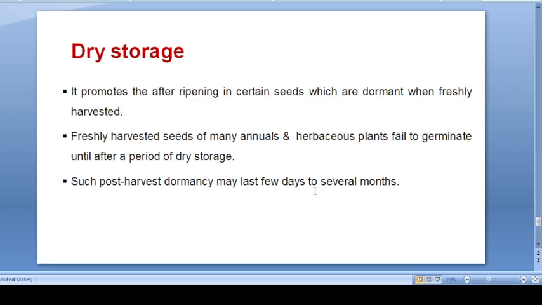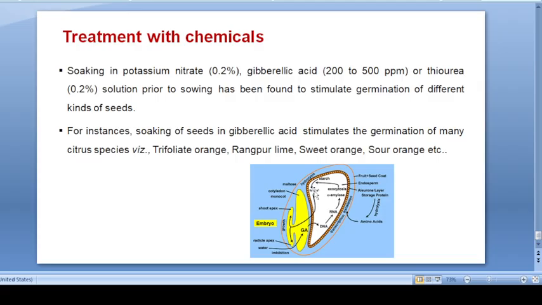We can also go for dry storage, especially the cereals and pulses we store for a long time. Next is treating with chemicals, especially growth regulators.